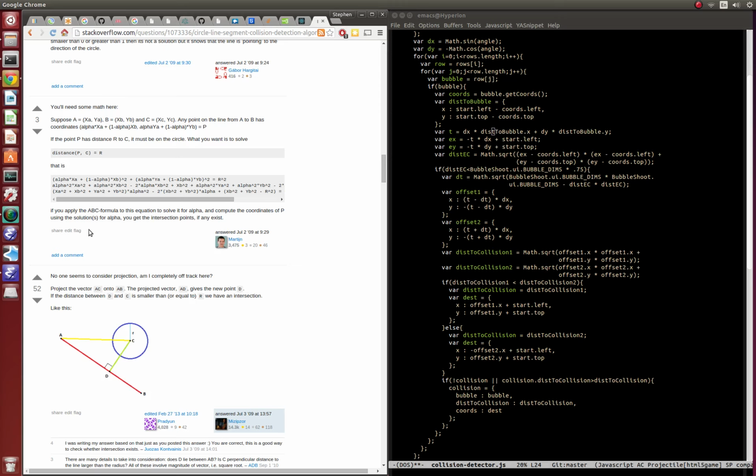And I can do that because AC squared plus AD squared has got to be equal to DC squared. Or AC squared is equal to AD squared. I can then solve for DC squared. So I know what DC is, okay? If the distance between D and C is smaller than or equal to R, we have an intersection. That does seem a lot simpler.